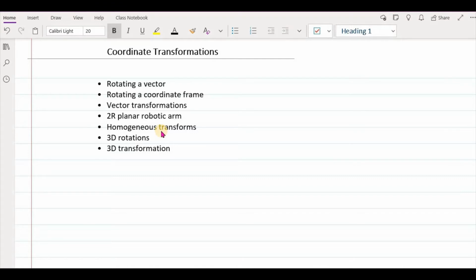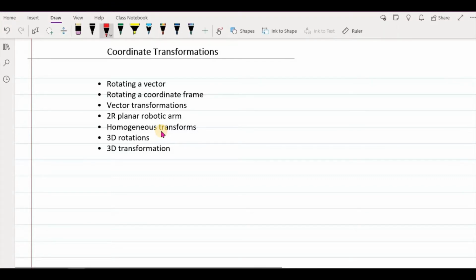And then we shall talk about rotating a coordinate frame, and there also we need a rotation matrix. So we shall see some examples of how we can do that.